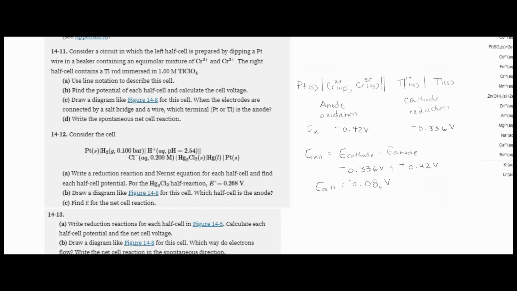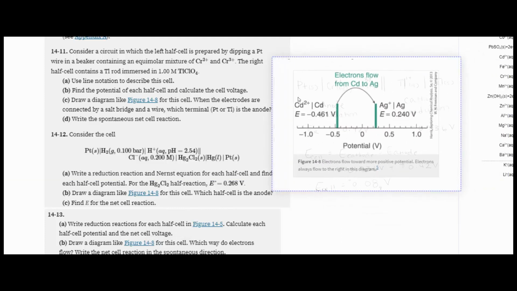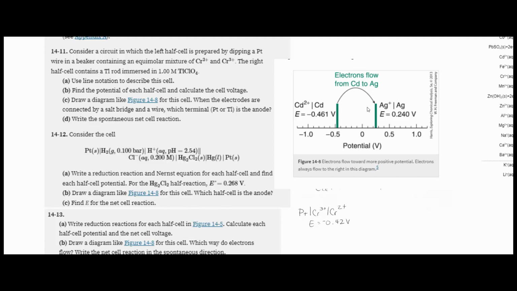So C, we're asked to draw a diagram like 14.8. Well, in order to do that, we need to know what 14.8 looks like. This is what 14-8 looks like. So in order to draw a diagram like that, on the left side here, I would have platinum, Cr3 plus, Cr2 plus. I would have my E equal negative 0.42 volts.